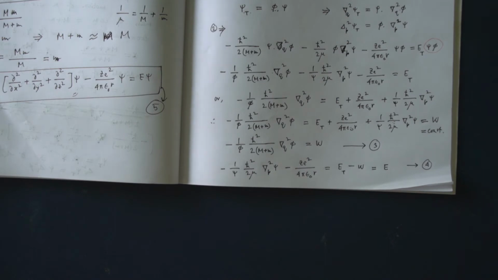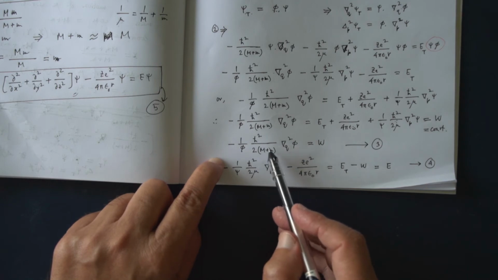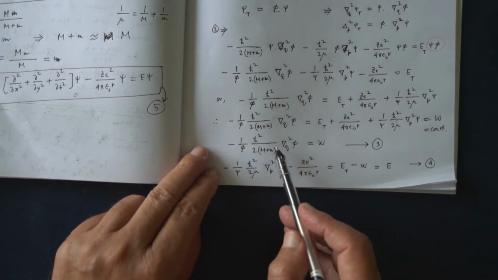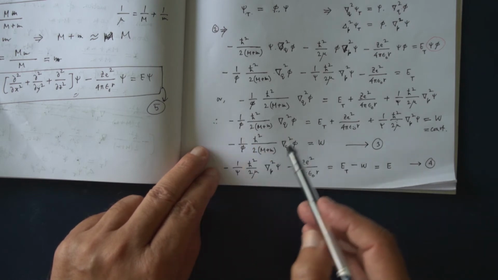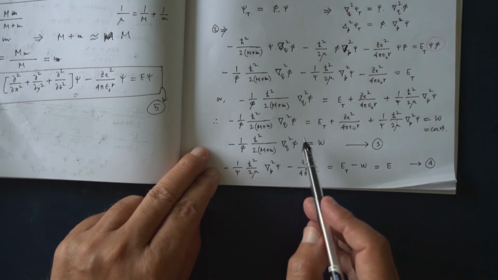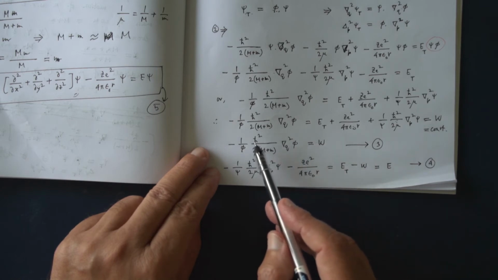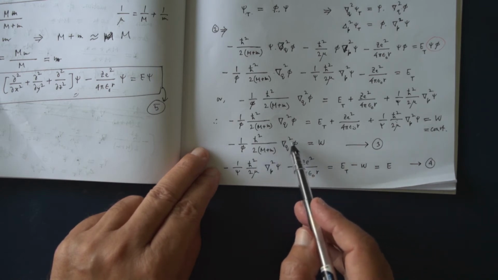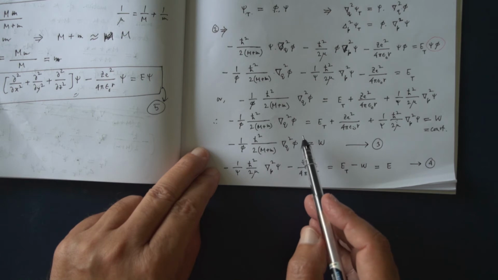Now we have already said that this is the motion of the center of mass, and this is nothing but translational motion. That means the center of mass is moving this way or this way, in any direction, along a straight line. And we have already discussed translational motion of a particle in a one-dimensional box and in a three-dimensional box.